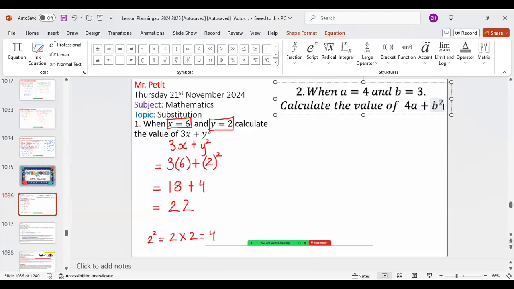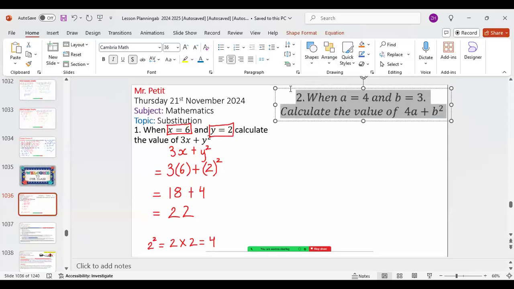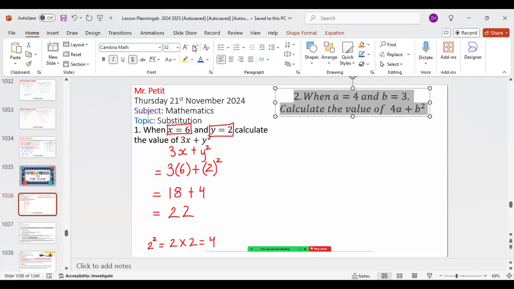So when a is 4 and b is 3, calculate the value of 4a plus b squared.